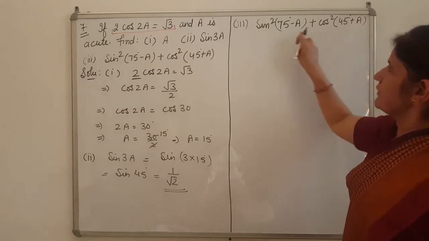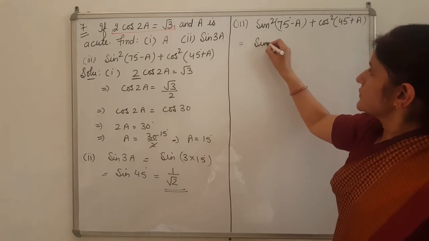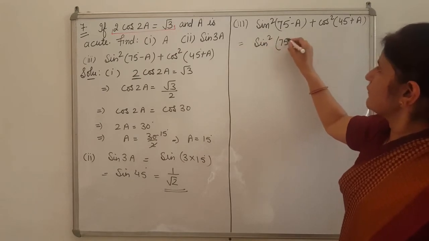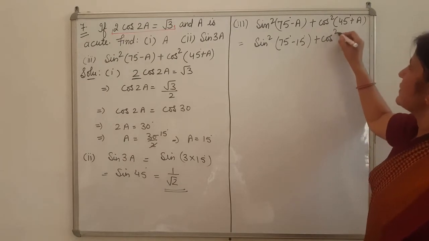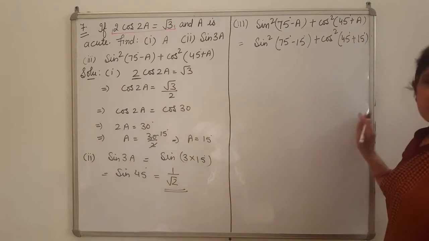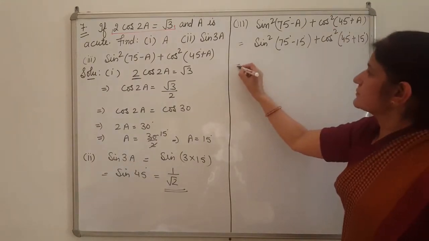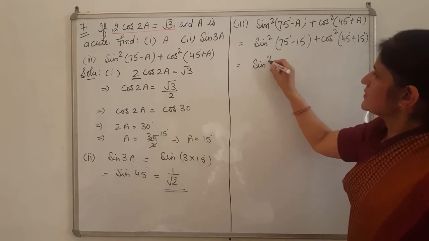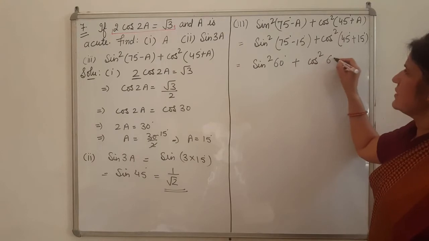So first of all, we will substitute A here as 15. So sine square 75 minus 15 plus cos square 45 plus 15. When you subtract, what will come? 60. So sine square 60 plus here we add cos square 60.